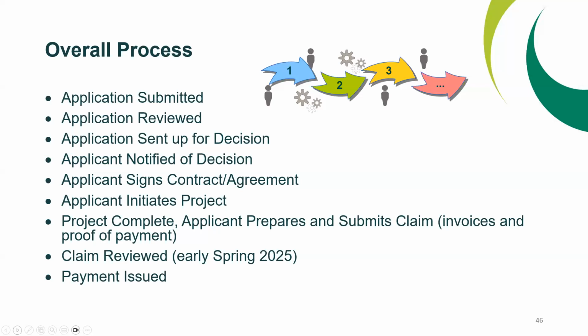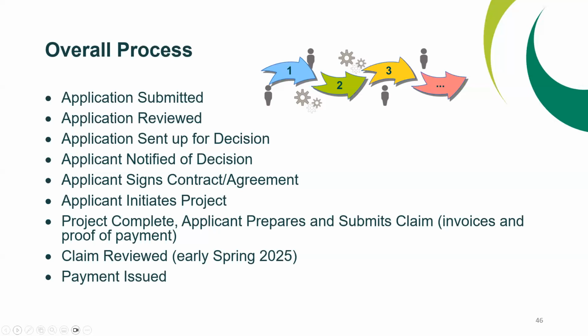Once all the applications have been reviewed, the applications will be sent up for decision. And then the applicant is notified of the decision, whether you will be approved for the upcoming project for the upcoming field year or not.